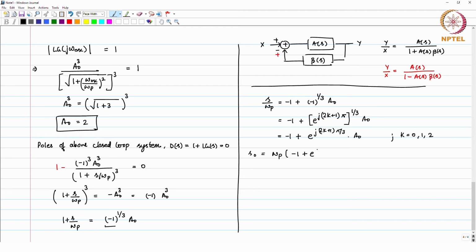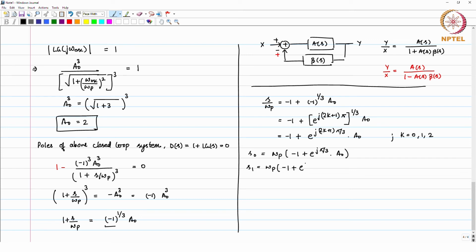This is e power j pi by 3 times A naught, right. S1 is equal to omega p into minus 1. I substitute k equal to 1, k equal to 2 plus 1 is 3.